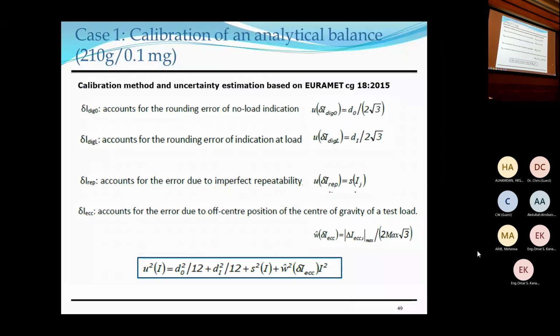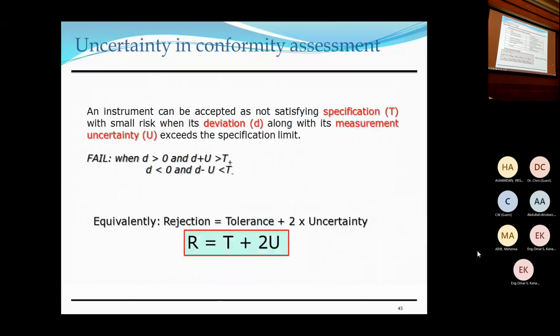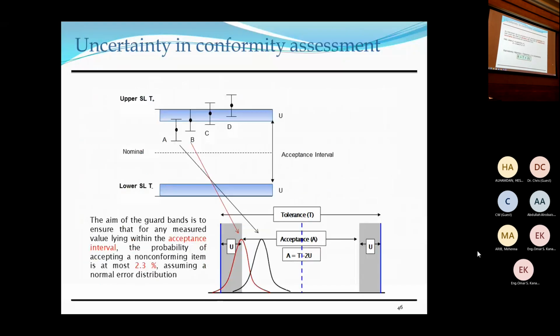Anyway, so what are the different ways of estimating the uncertainty? So the uncertainty of limited digitization is 1/2 the resolution of the balance divided by the square root of 3.